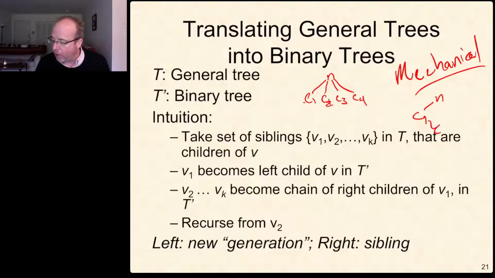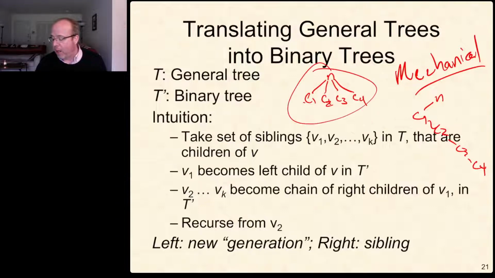So C1, C2, C3, C4. That's not a very efficient structure. Notice now we've converted this very bushy tree into a stick. But it does work. And then we can just recursively descend through each of these structures and do the same thing.